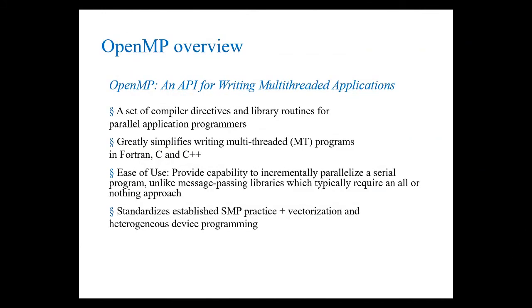So as an overview, simply speaking, OpenMP is an application programming interface for writing multi-threaded applications. It includes a set of compiler directives and library routines for parallel application programmers to run on shared memory machines.